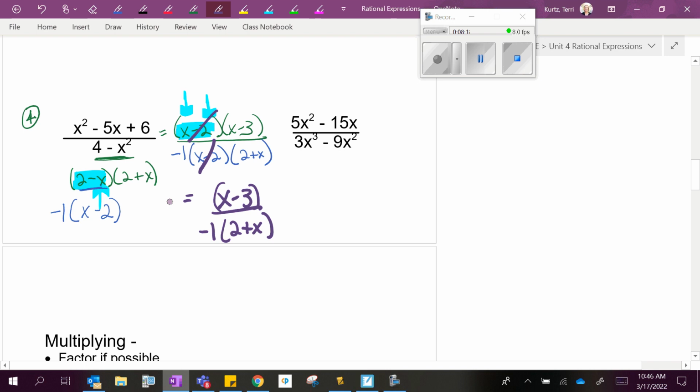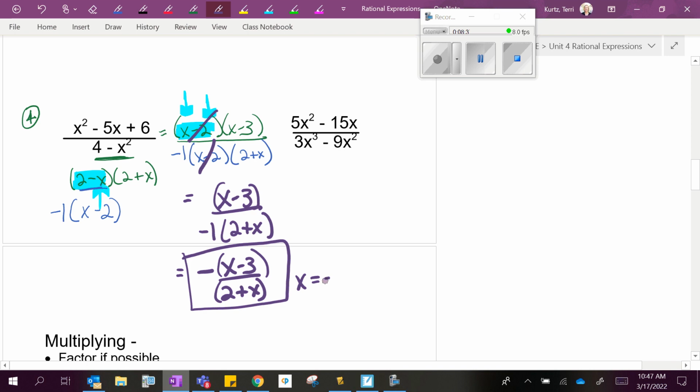Now, that -1, I could keep it on the bottom, but anytime one piece of a fraction is negative, it really makes the whole fraction negative. So I really could just write it out like this. And then my domain restriction would just be that x cannot equal -2.